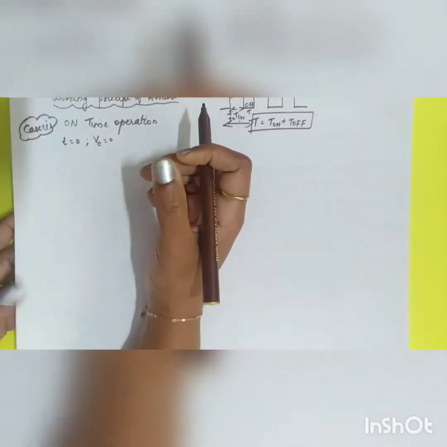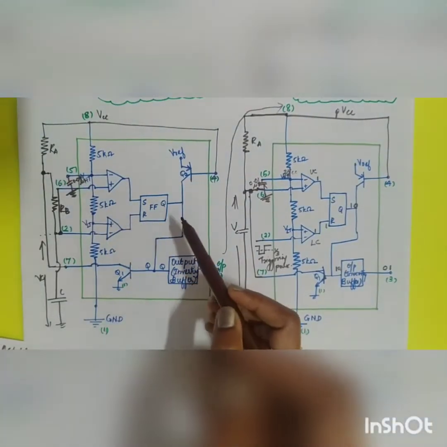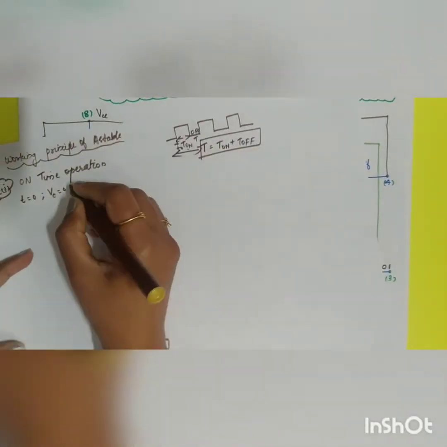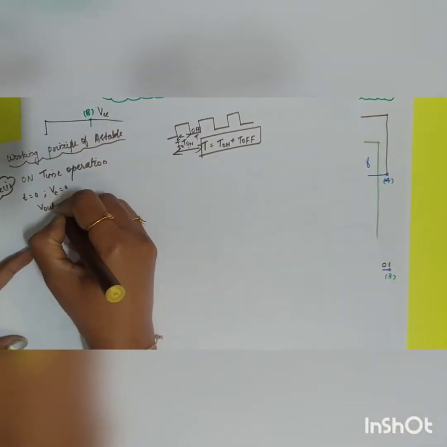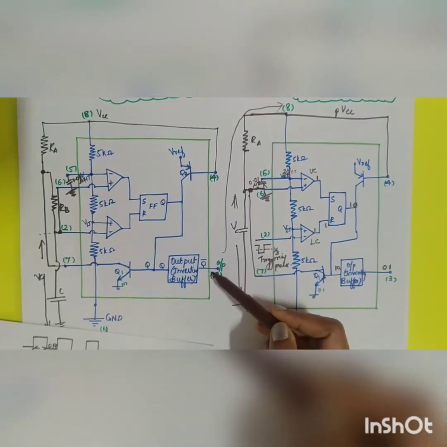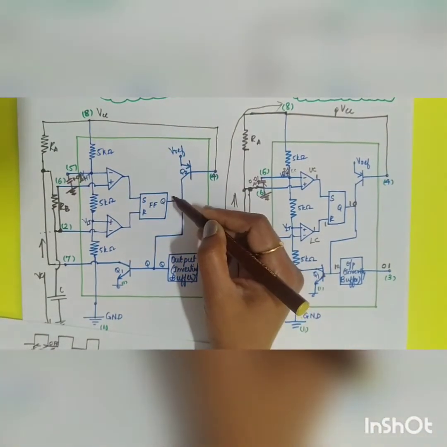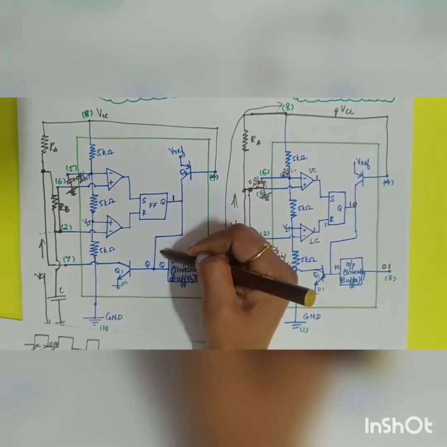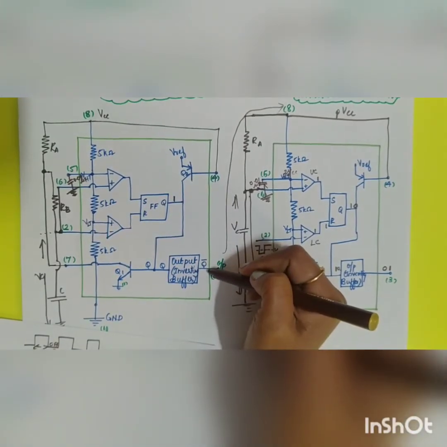Because why? At time T is equal to 0, you are assuming that your V out is also equal to 0. So if your V out is equal to 0, Q will be equal to 1. Only then Q bar will be your output.